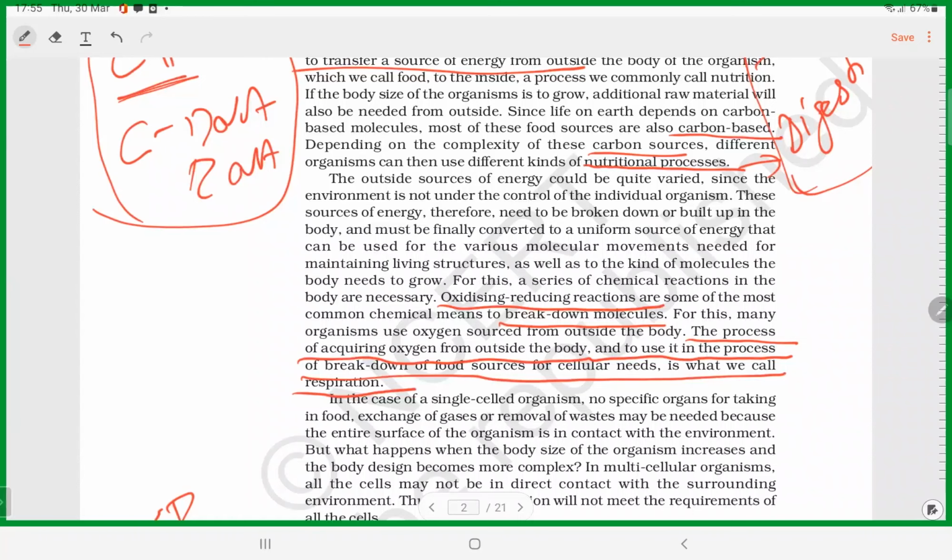We take complex food, break it into glucose by digestion, and the cell takes glucose, but oxygen is required for breakdown. The respiratory system comes: I will give you oxygen, you break it.